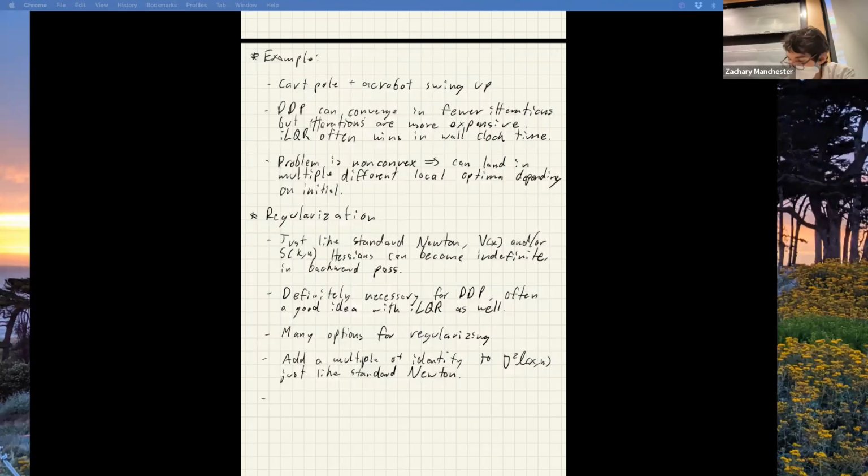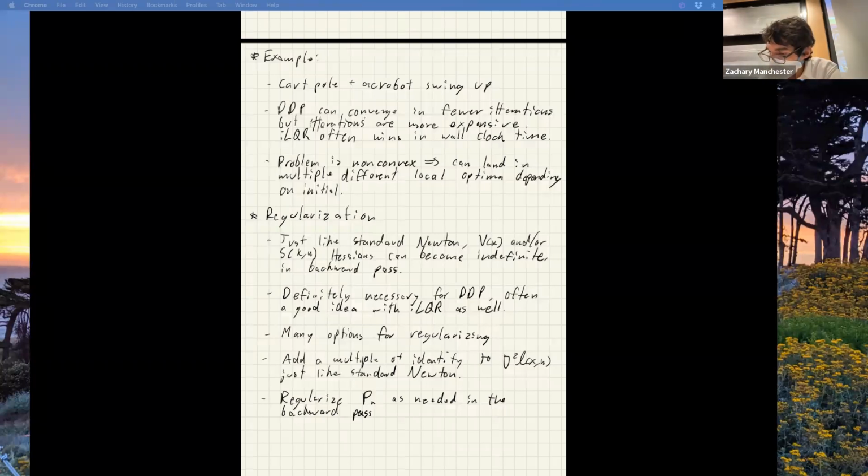So one thing that we see a lot is you can regularize the P's, the capital P cost to go Hessians, as needed in the backward pass. So you can basically check the cost to go Hessians or action value Hessians on the way back.